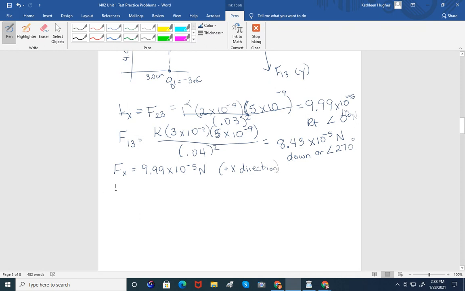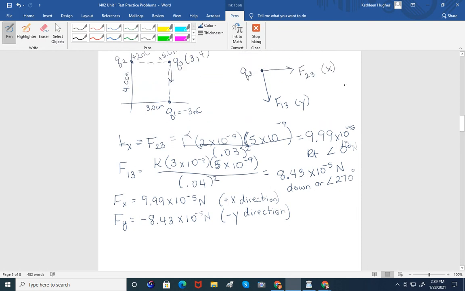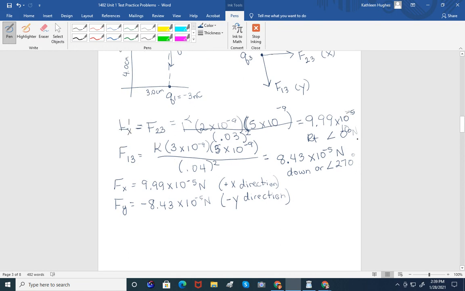The y component is negative 8.43 times 10 to the negative 5th newtons because it points in the negative y direction. It points along the negative y-axis. And that makes perfect sense with what I drew up here. The x component pointed to the right, the y component pointed straight down.